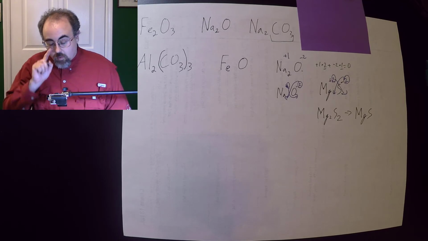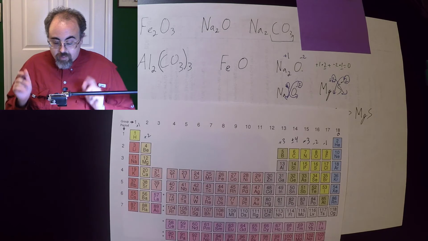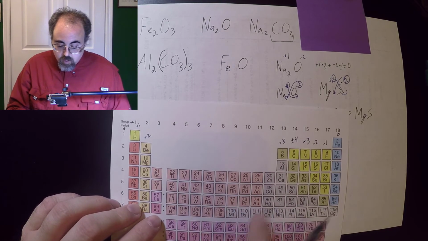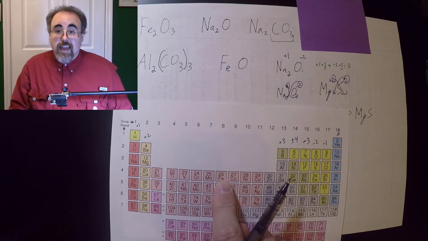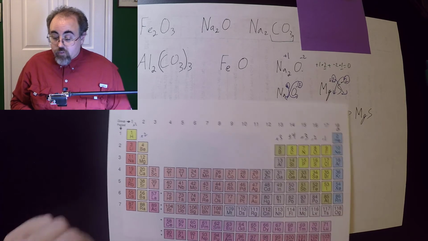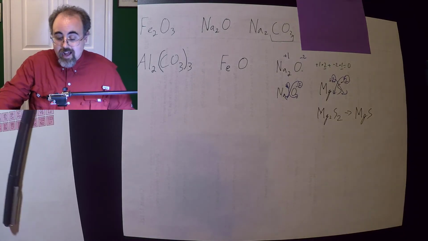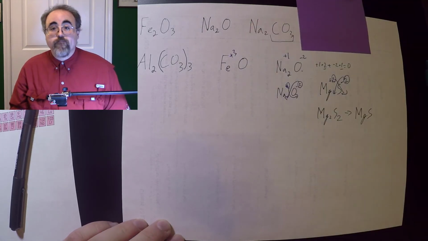Okay, now let's go back to that iron and figure out what we are dealing with. In this case, I have to give you one more piece of information, because just from the periodic table you cannot tell what charge iron has, because it can have two different charges. So I would have to tell you in advance that the charge on iron is +3.